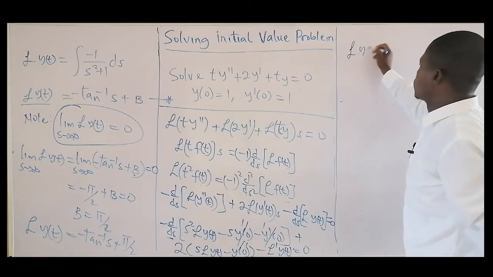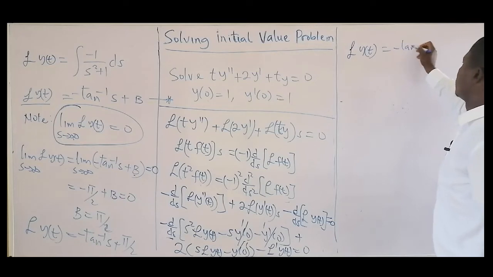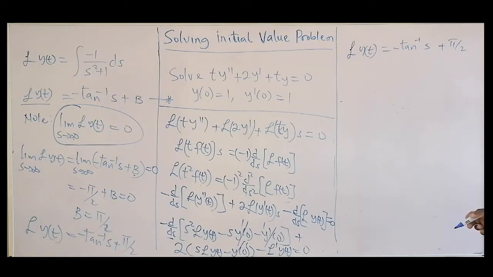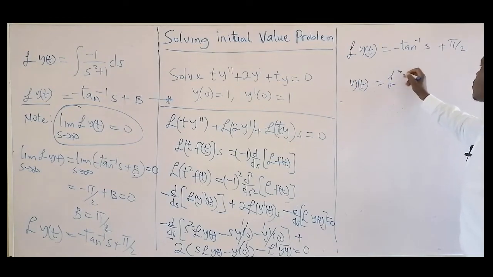Laplace of y of t equal to minus arctan x plus pi over 2. So let's take the inverse of both sides. If you take the inverse now, you have y of t equal to the inverse of minus arctan x plus pi over 2.